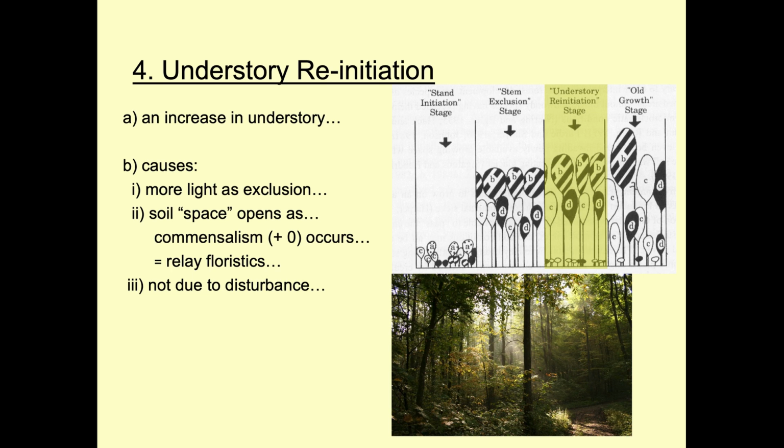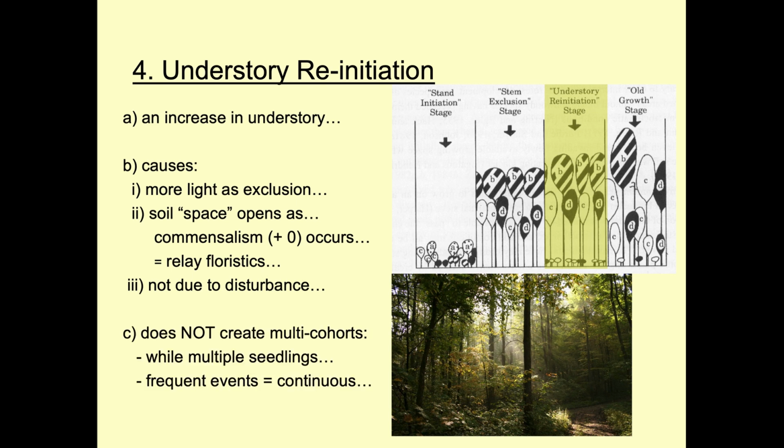So we normally don't call a small scale disturbance like an infestation or a fungal parasite for one individual a disturbance, but you're going to have different fungi and different herbivores and parasites catalyzing this understory reinitiation phase as one mature tree is felled by this disturbance, which again, really small scale disturbance will allow this opened niche space for something else to come in.